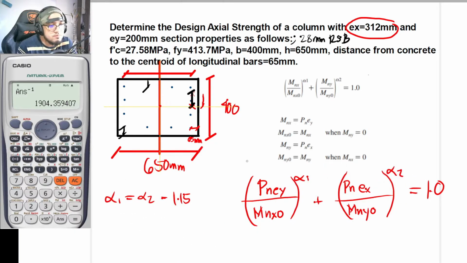So itong EX na to, given yan sa problem. Itong EY na to, given yan sa problem. But what about for our MNXO and for our MNYO? For our MNYO, ito yung moment about your y-axis. So basically, yan yung moment na kapag yung H mo is to be 650 and your eccentricity is to be 312.